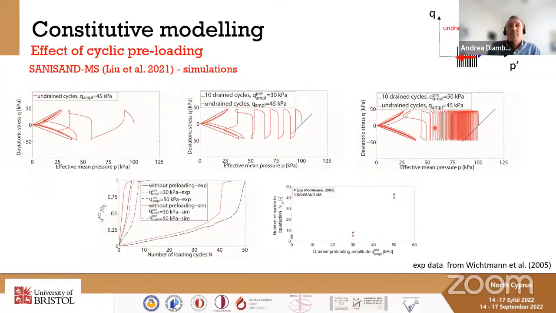The same properties can be applied both to cyclic preloading and also to aging. You can see the fit between the accumulated pore water pressure with the number of cycles and the number of cycles to liquefaction for different pre-amplitudes.